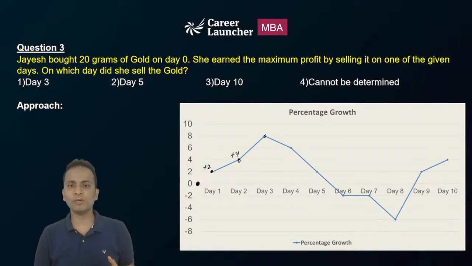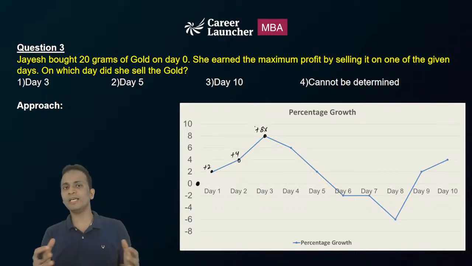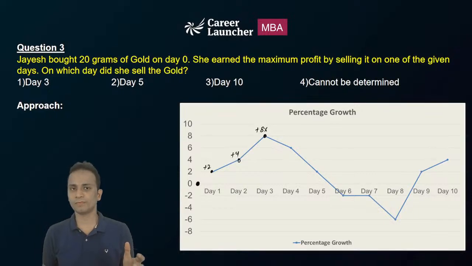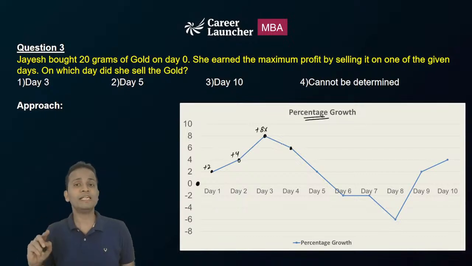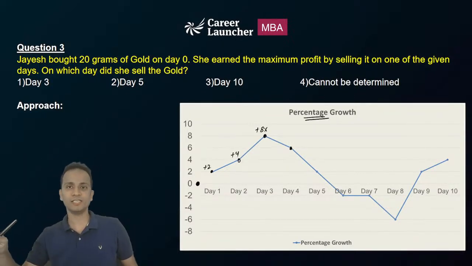Then if I move on to day 3, the price has further increased by 8%. So including day 3, the price will be maximum on day 3 because so far the price is only increasing, right? Now include day 4. What is the percentage increase on day 4? Now these lines will deceive you. The lines go up, then go up again, and then go down, okay?